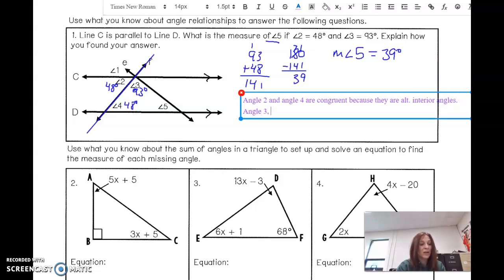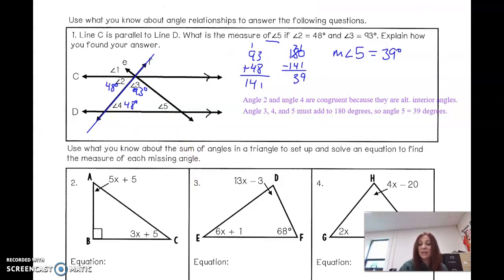Angles 3, 4, and 5 must add to 180 degrees. So angle 5 equals 39 degrees. Okay, that's what we just did there. And the big idea is because we have alternate interior angles and the interior angles in a triangle.